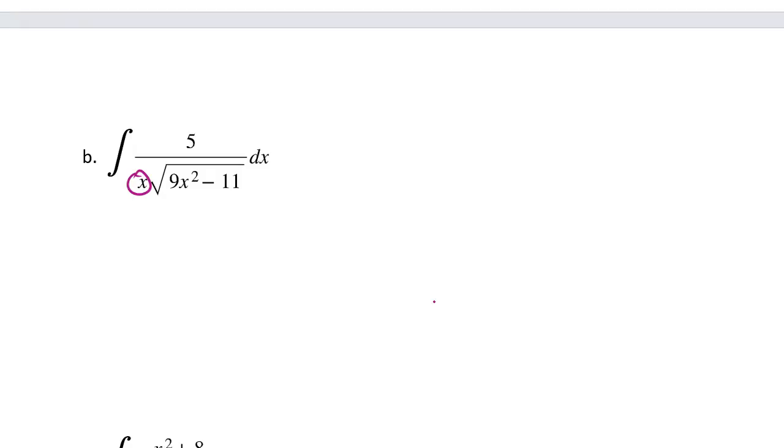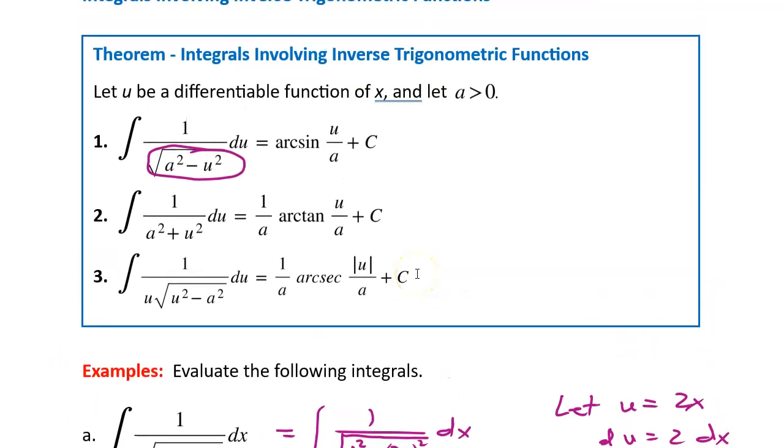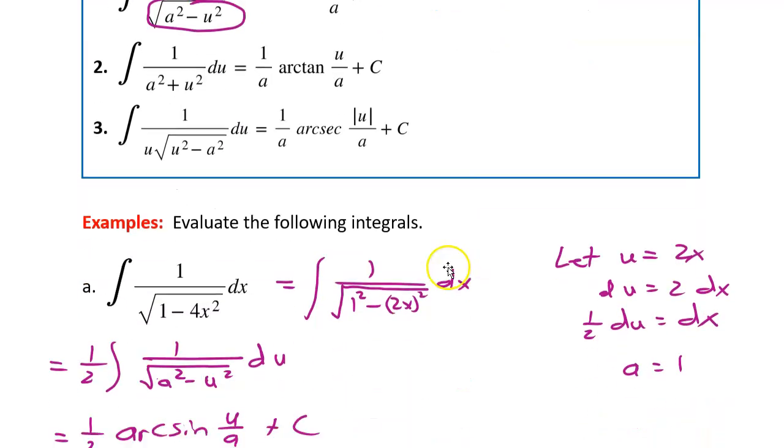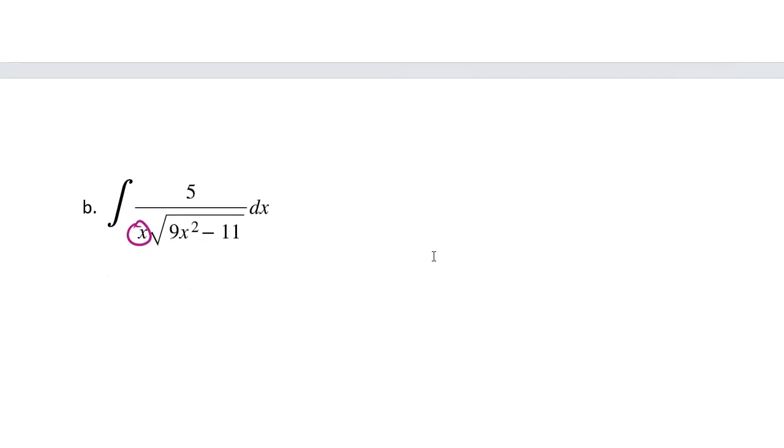The only one that has the x in front of the root is number 3. Let's start by rewriting this. First of all, I'm just going to bring that 5 out to the front, because this is a constant multiple.